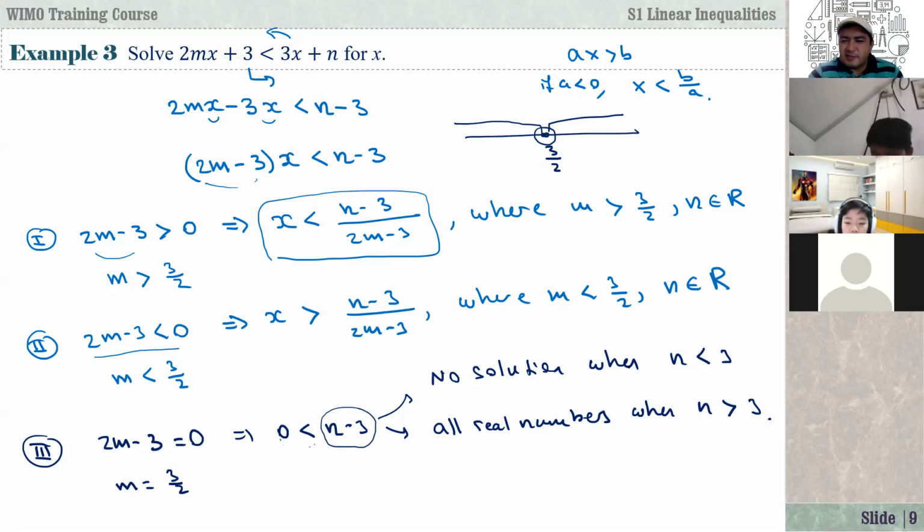The only difference is, especially if you divide both sides by a negative number, the sign changes. But all the procedures are very similar to solving linear equations. The difference is that a linear equation usually has one solution, infinitely many solutions, or no solution. Linear inequalities usually have infinitely many solutions. I mean, a set of solutions, okay?